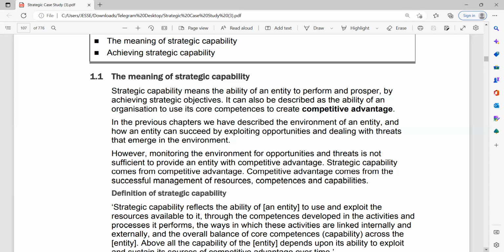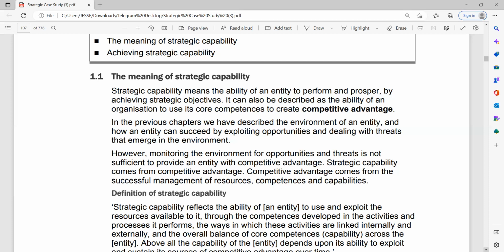It simply means the ability of an entity to perform using its core competencies to achieve a strategic objective. Very, very important. So what are we talking about here?